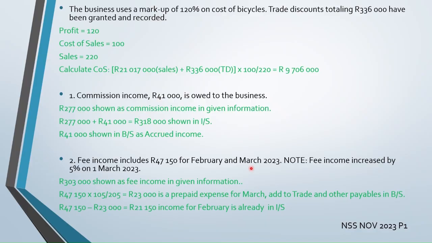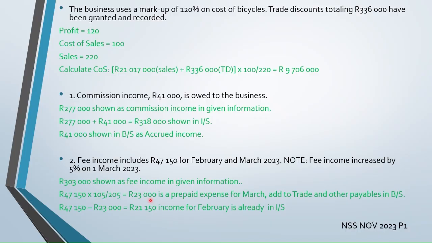March includes the increased percentage. So February is 100%, March is 105. Together they give 205%. So you want to take out the increased amount of March. So that's why you say 105 over 205 to give you 23,000.